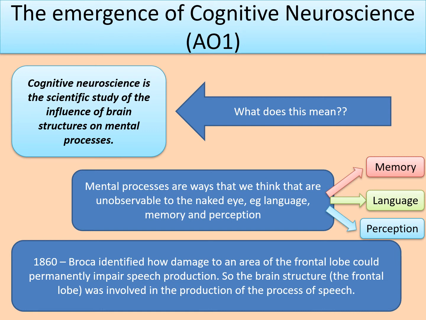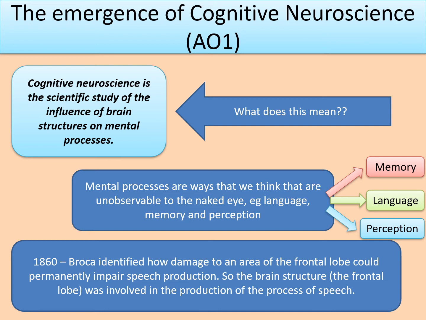perception. And even before we had brain scanning techniques, people way back when have been trying to map which bit of the brain is responsible for which function. So way back even in the 1800s, Broca identified how damage to an area of the frontal lobe could permanently impair speech production. So the brain structure, the frontal lobe, was involved in the production of the process of speech.